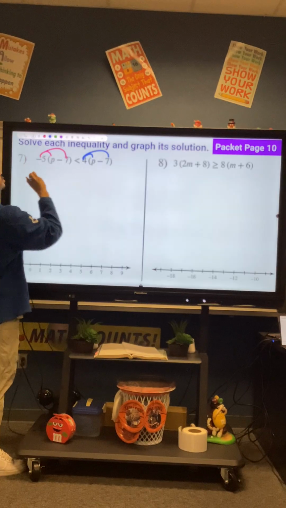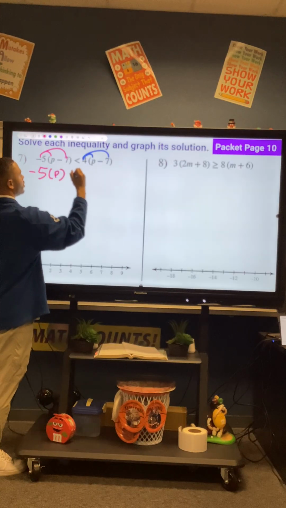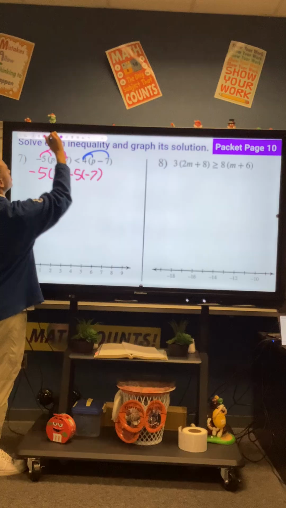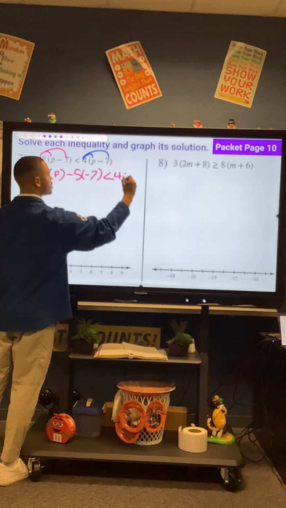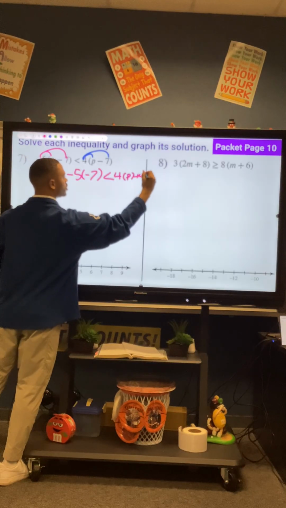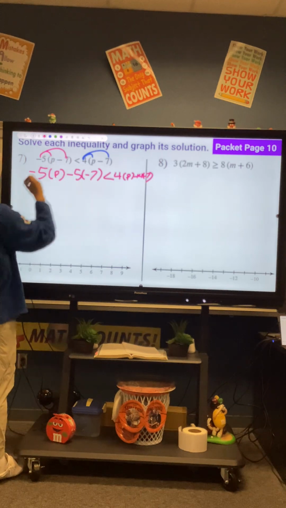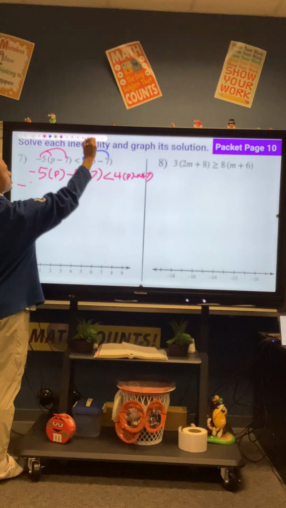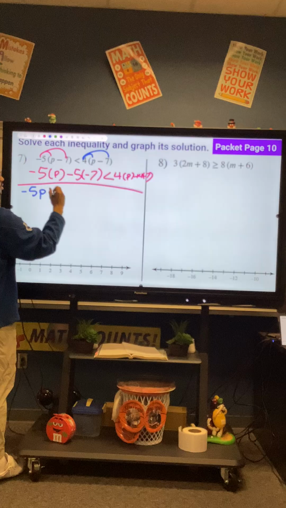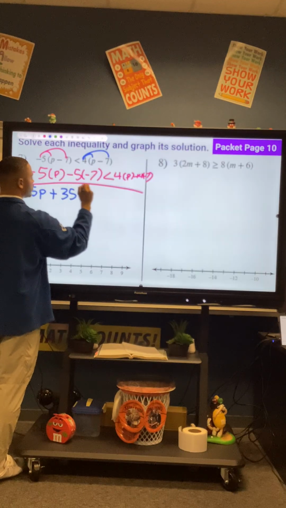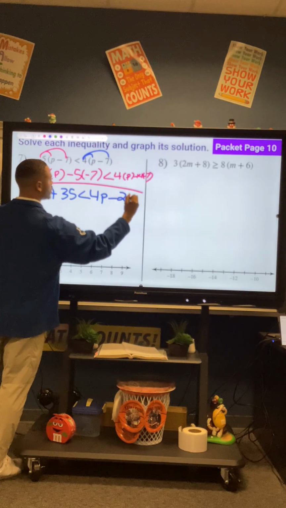So I have -5 times P minus 5 times -7 is less than or equal to 4 times P plus 4 times -7. -5 times P gives me -5P, and minus 5 times -7 is plus 35, is less than or equal to 4P minus 28.